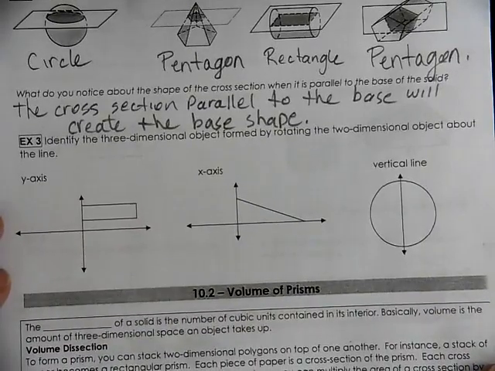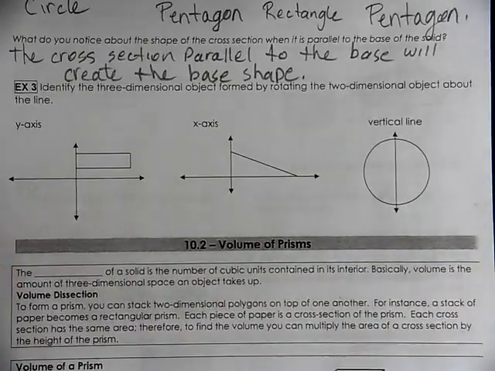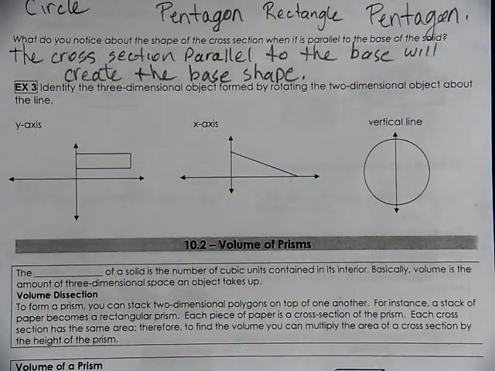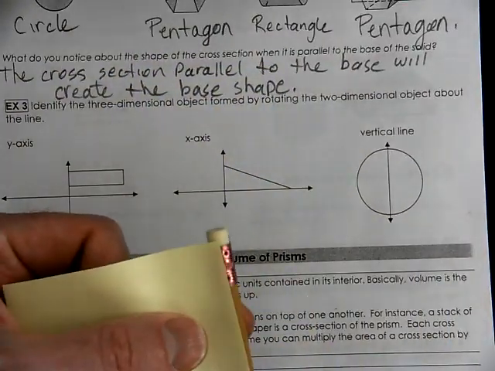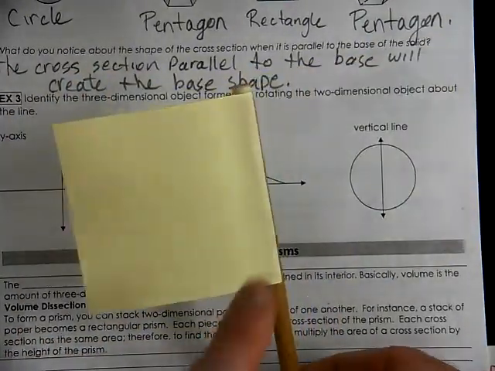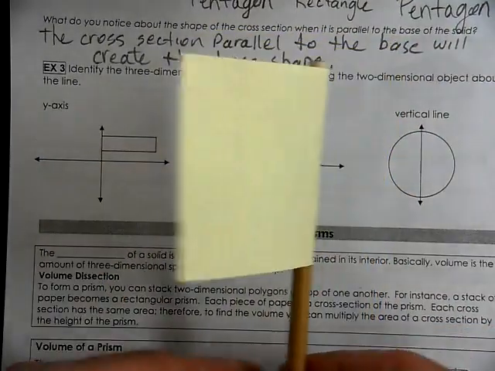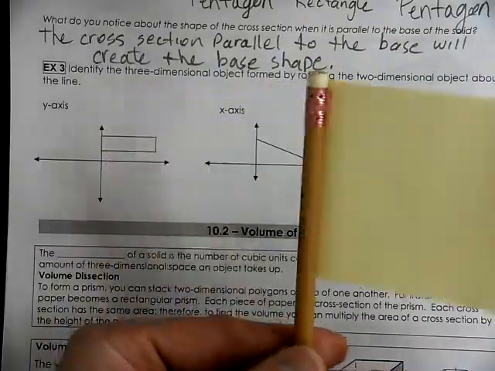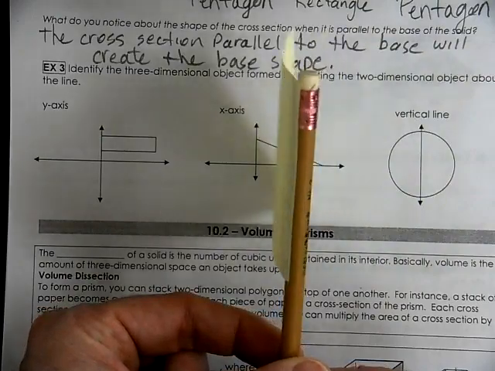Okay. All right. Last little section that we're talking about. So here, we're going to stick this sticky note acting as a y-axis, and we're going to spin it around in circles, and we're trying to imagine what shape we are creating.